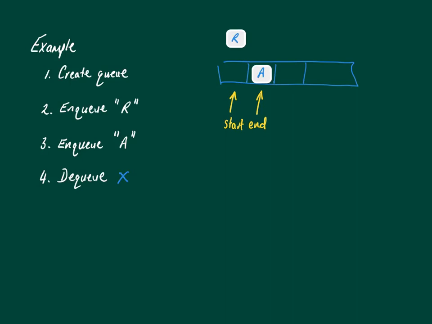The start position is moved by 1, so it's now pointing at the same position as the end, and the character R is returned to the calling function, so X becomes R.